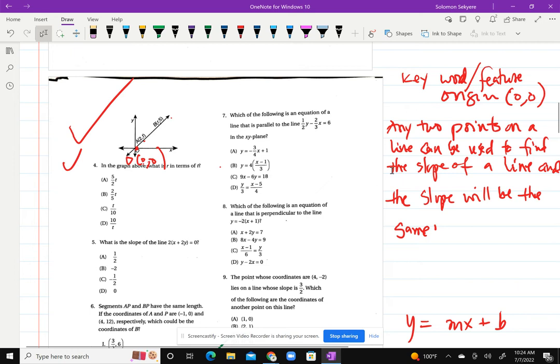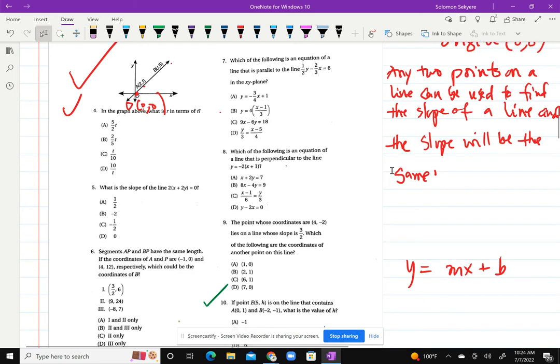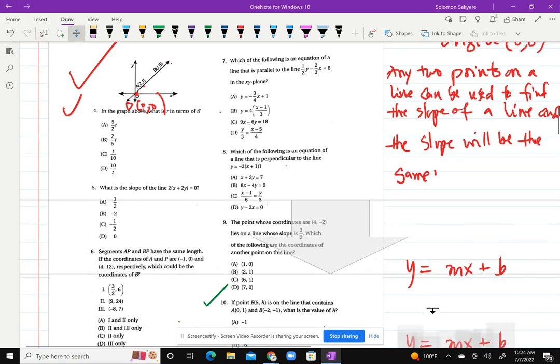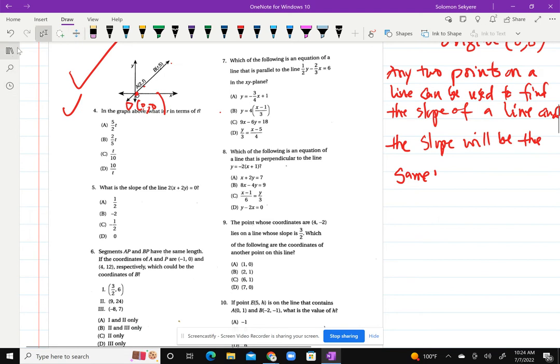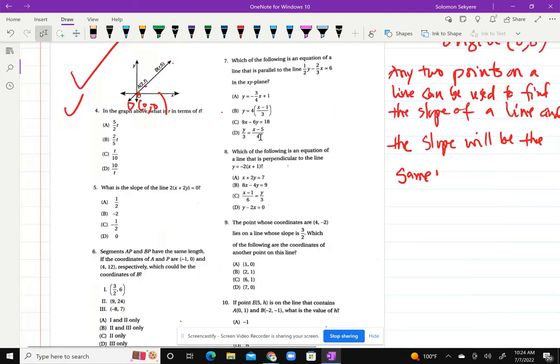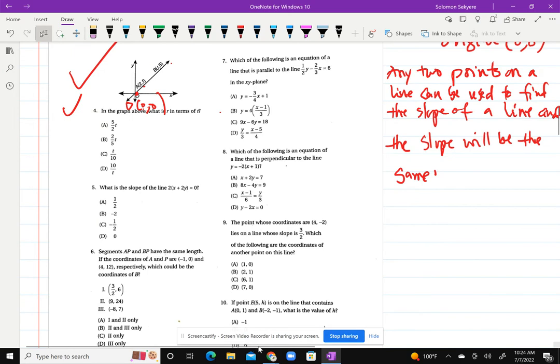After that, you also need to remember that any two points on a straight line can be used to calculate the slope, and the answer should be the same. Once you know that, you're ready to apply it. This is just like doing puzzles.